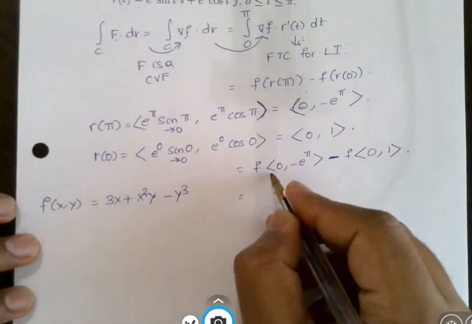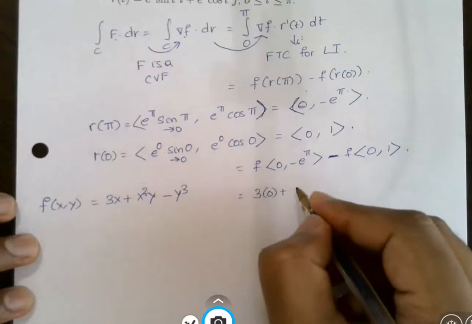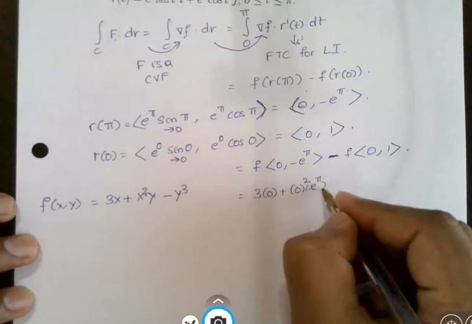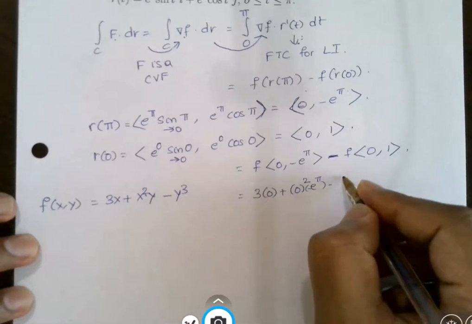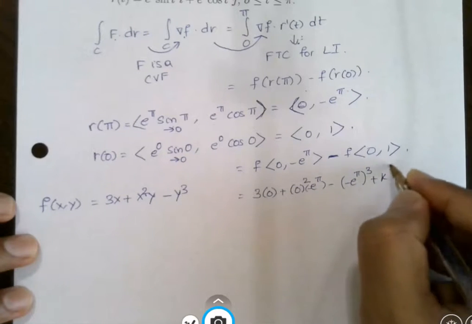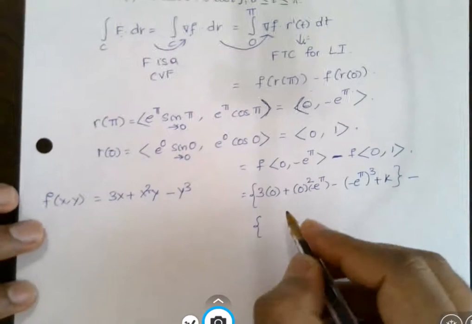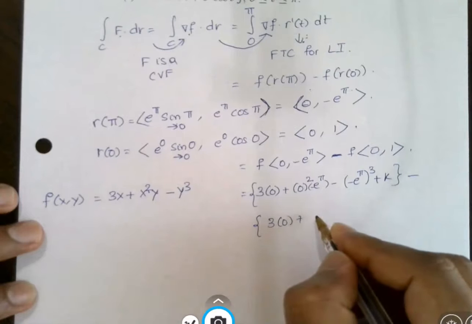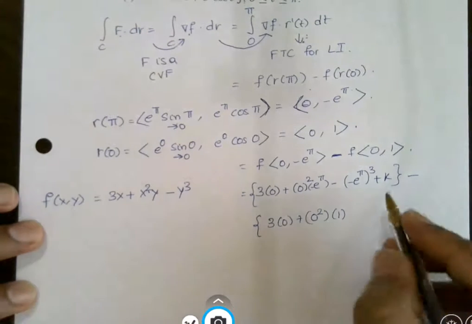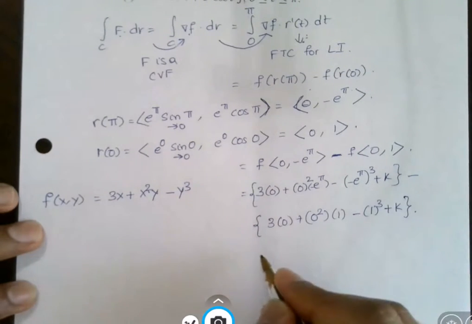When you put x as 0, you get 3 times 0 plus 0 squared times y, where y is negative e to the pi, minus y cubed, which is negative e to the pi cubed, plus k. That's your first term. Minus, you put f of (0, 1), so that's 3 times 0 plus 0 squared times 1 minus 1 cubed plus k. So what does that give you?